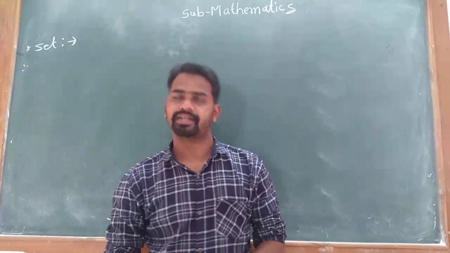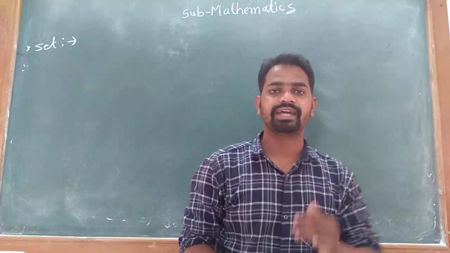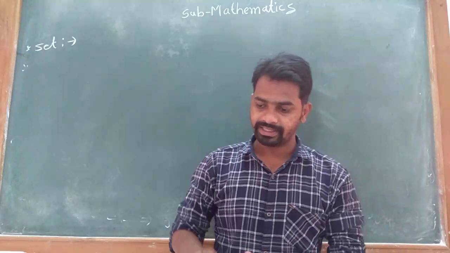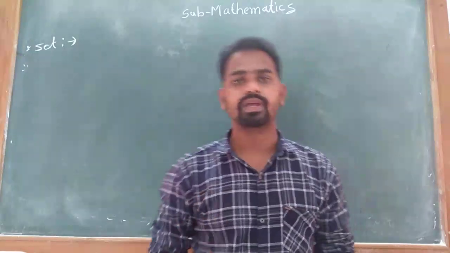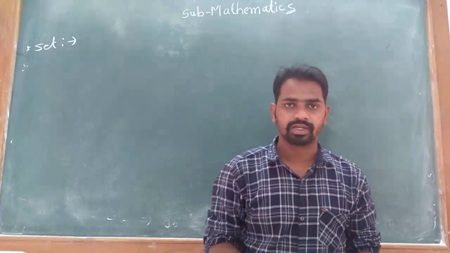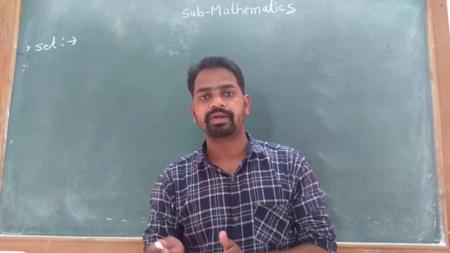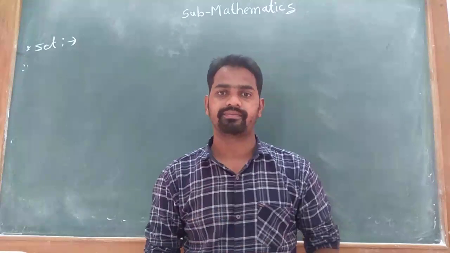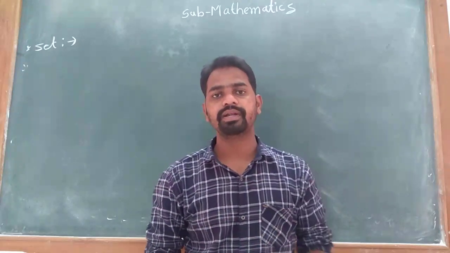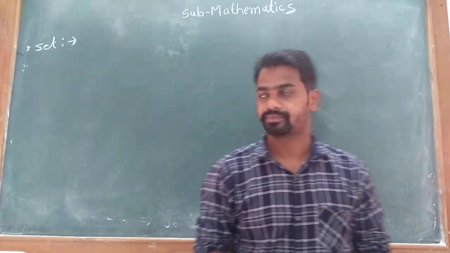Limit and continuity is also studied in the 11th and 12th standard. But in the SYBSc syllabus, we study limit and continuity using epsilon delta, that is, we solve examples by epsilon delta.